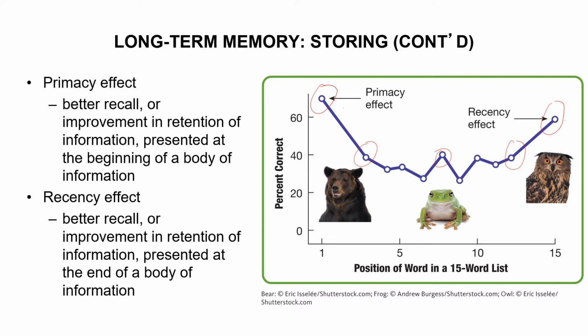You're, again, most likely to recall the ones at the beginning and the end, or, and we'll talk about this a little bit, information that's important. So animals that maybe are important to you. Maybe you really like frogs, so you'll remember frog because that was there. So one of the things that helps is how important information is, how valued we have the information. But we'll come back to that and talk about it later.